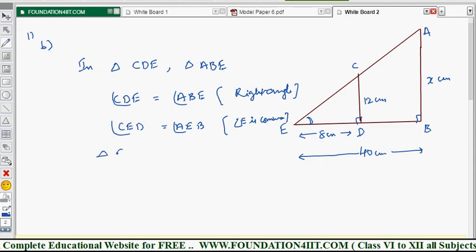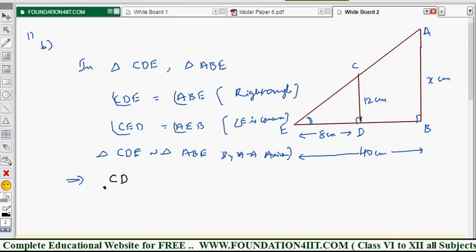Triangle CDE is similar to triangle ABE. That is by the AA axiom because two angles are equal. By the AA axiom, these two triangles are similar. Whenever two triangles are similar, corresponding sides are in the same ratio.